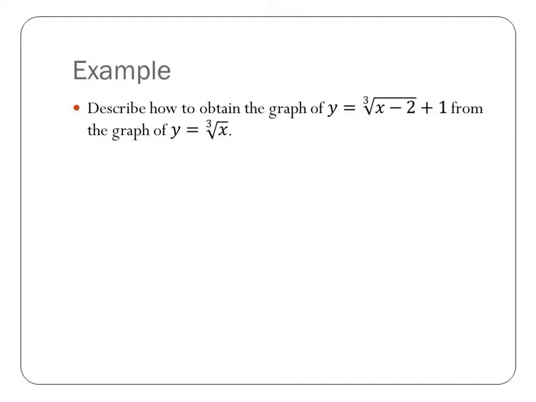The minus 2 underneath shifts it right 2. And then the plus 1 at the end shifts it up 1. Okay, so same transformations from graphing parabolas or graphing absolute value functions.